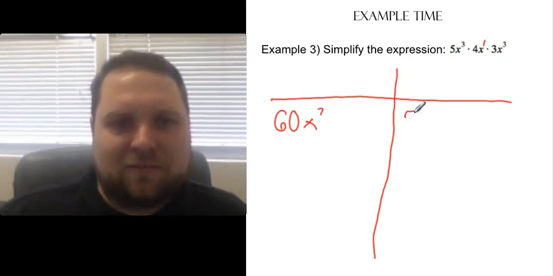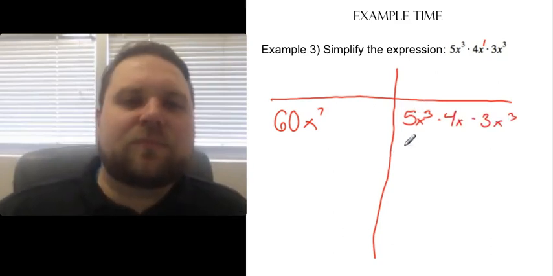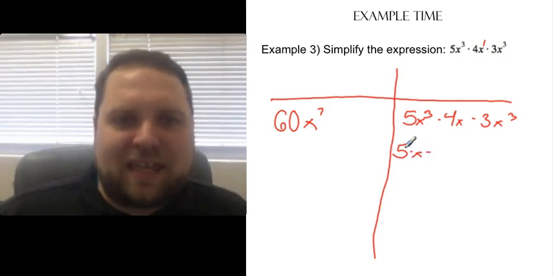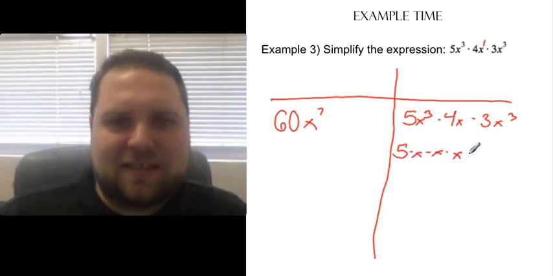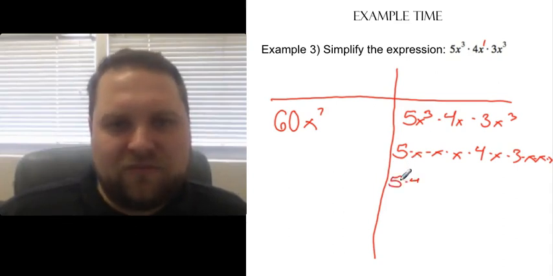And then again, writing this out the now painfully long way, given how much there is here. 5 times x times x times x times 4 times x times 3 times x times x. X is everywhere. And so now I rewrite this. 5 times 4 times 3, and then I have x's coming out of my ears.